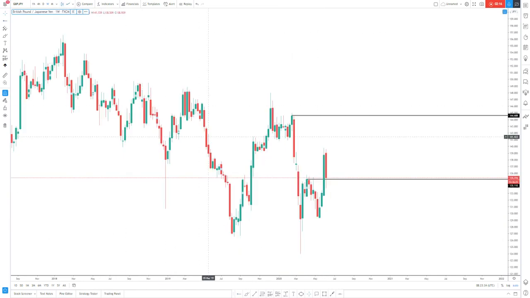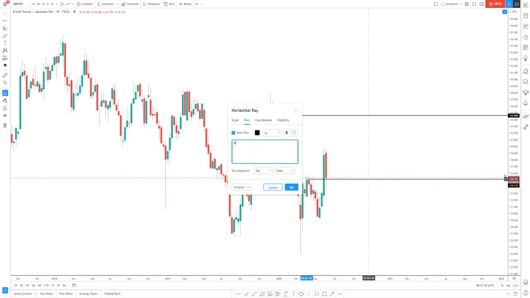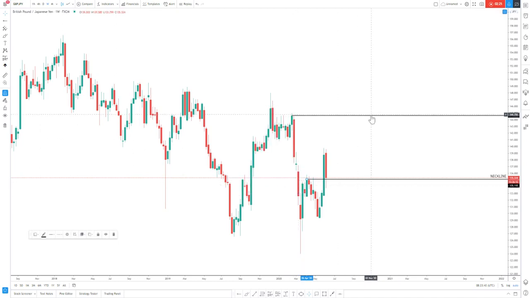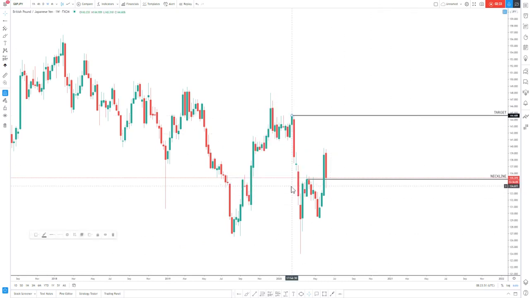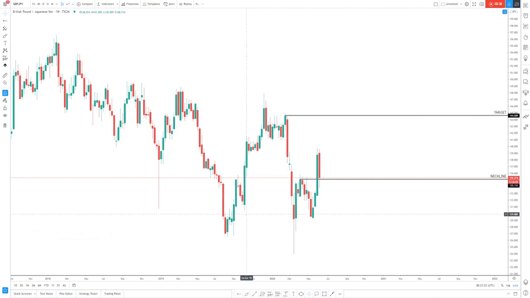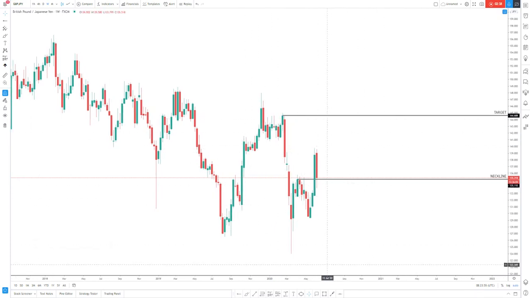Then switch it back to a candlestick chart. Now I can actually tag this as neckline, and tag this as target. Now with this known, I'll be looking to go long on GBP JPY.